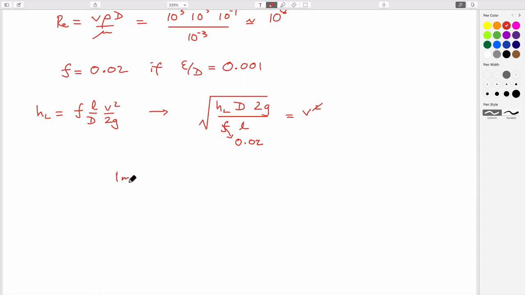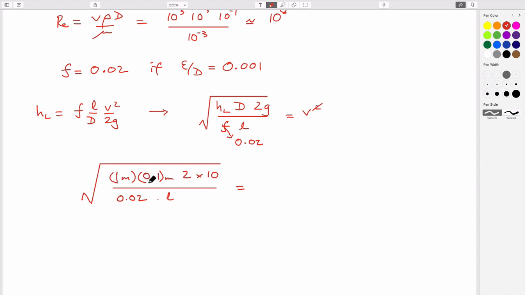So 1 meter multiplied by 0.1 meter times 2 times 10 divided by 0.02 and multiplied by a length, square root should be something like, I'm not missing anything out, am I?